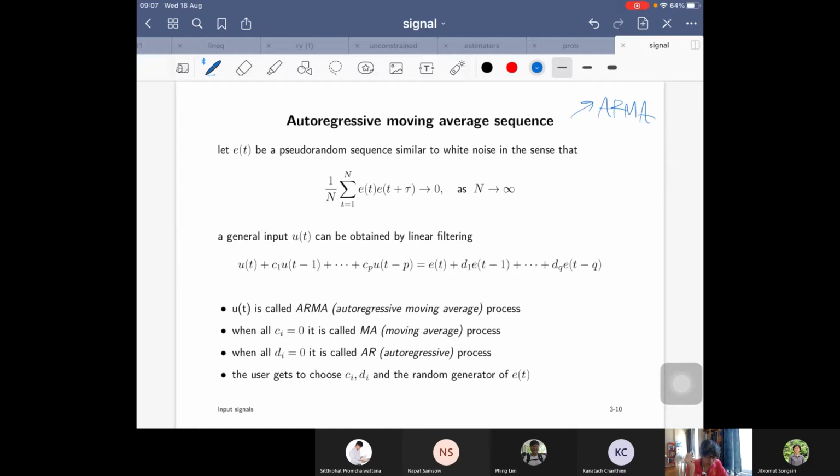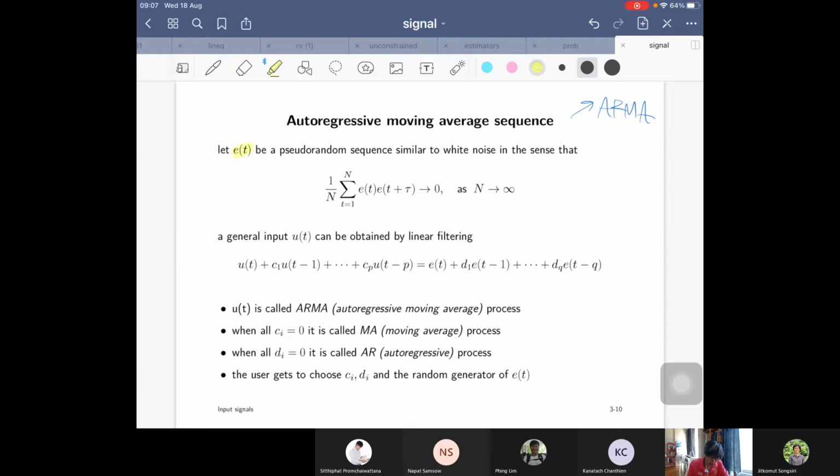Is it good? Can it stimulate the system with a sufficient amount of information? What we're going to do here is explain how to generate an ARMA signal.